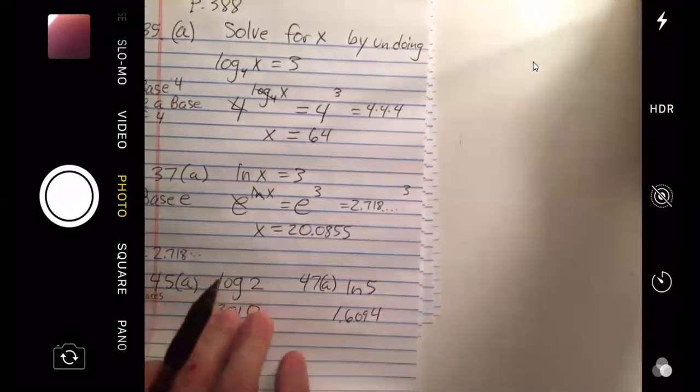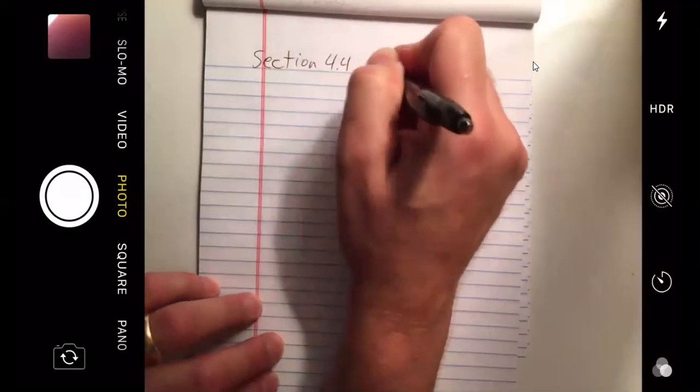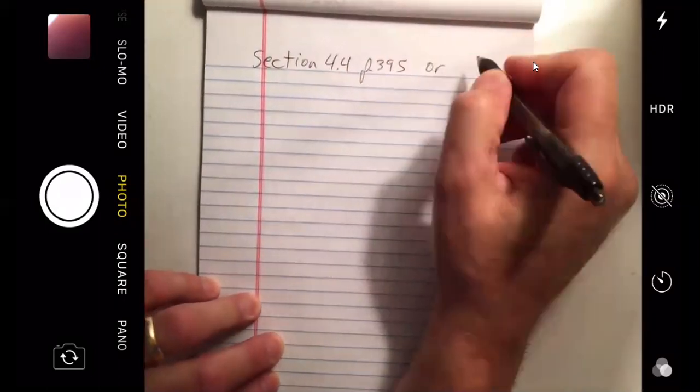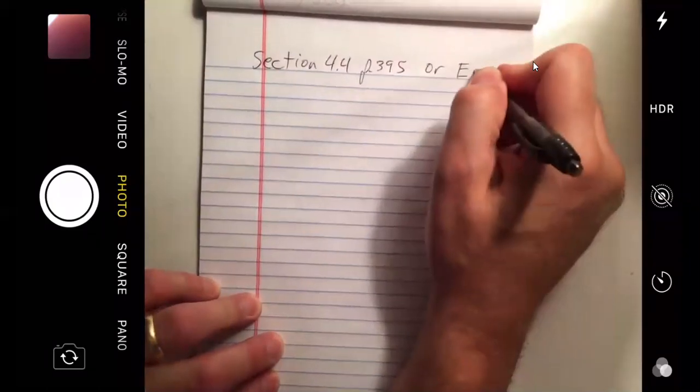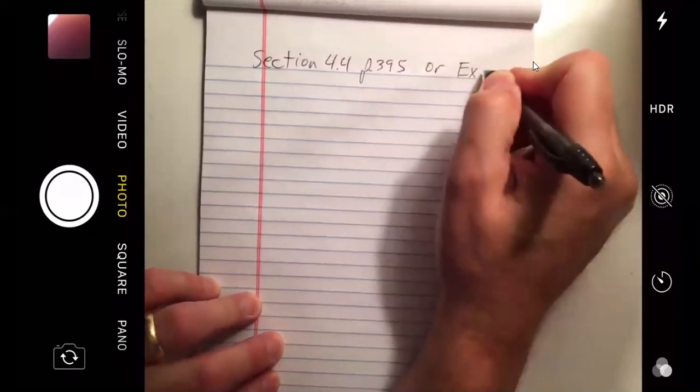So section 4.4, page 395. Or the exercises in the ebook.